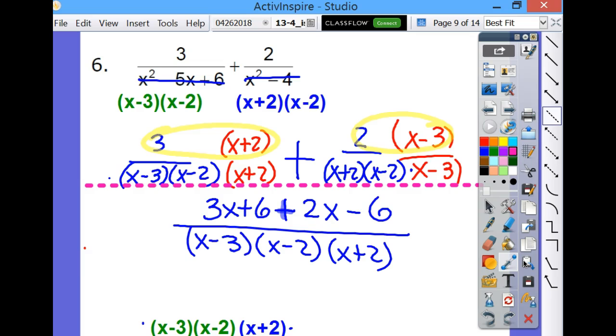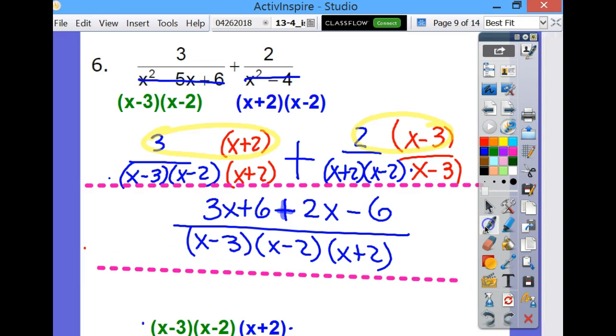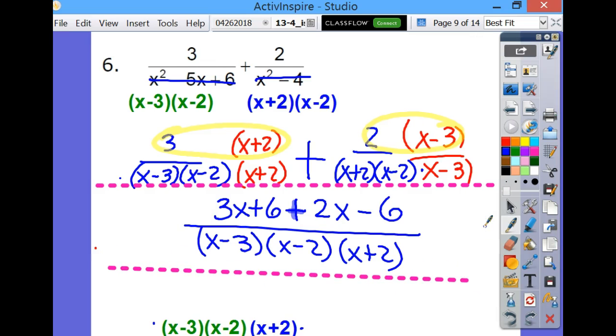And then for my last step, I need to combine like terms. 3x plus 2x makes 5x. And what's going to happen to my 6's? This positive 6 is going to cancel out that negative 6. So this is my final answer.